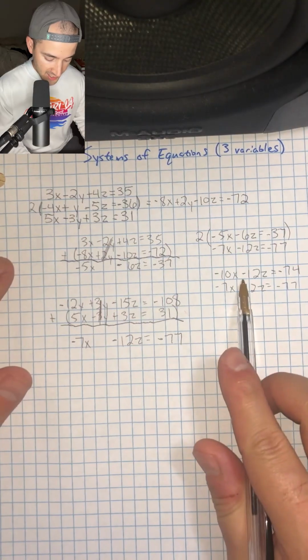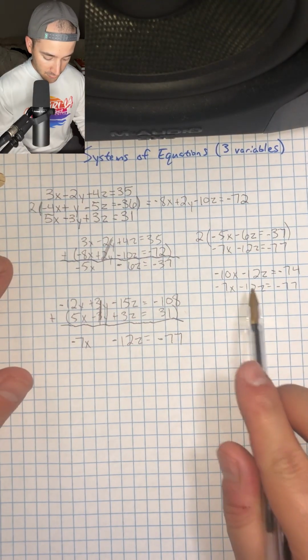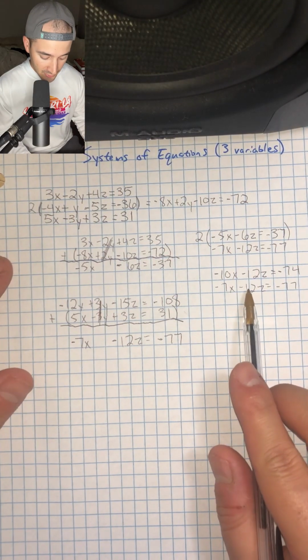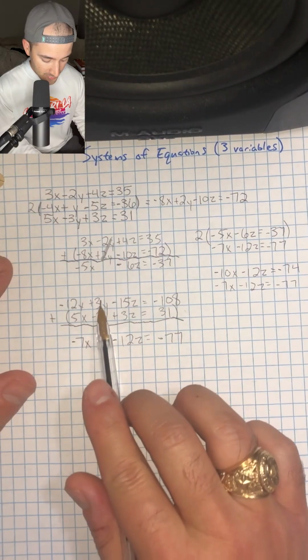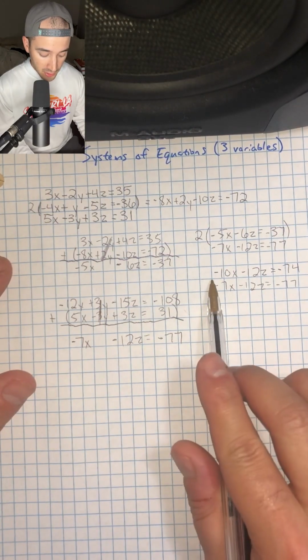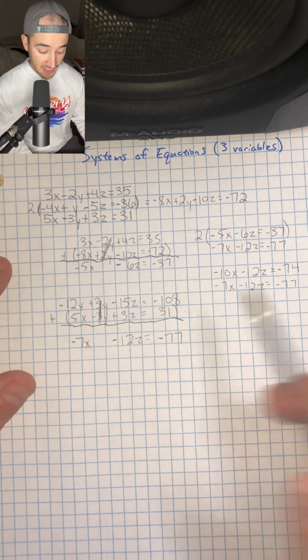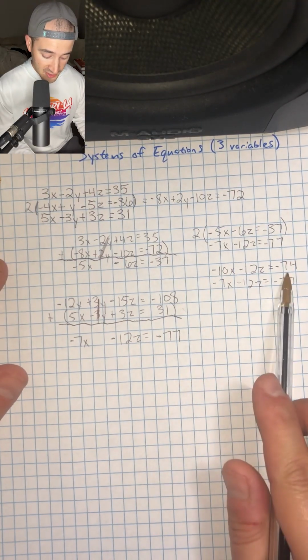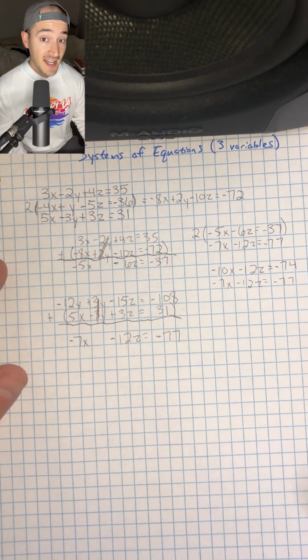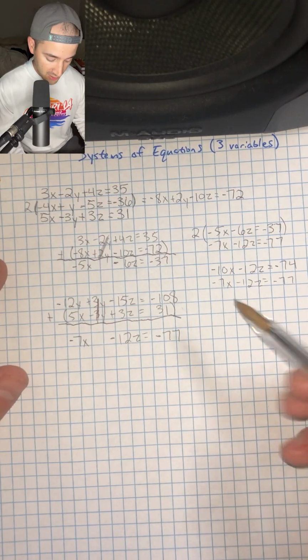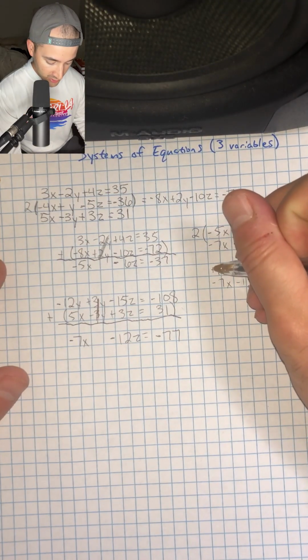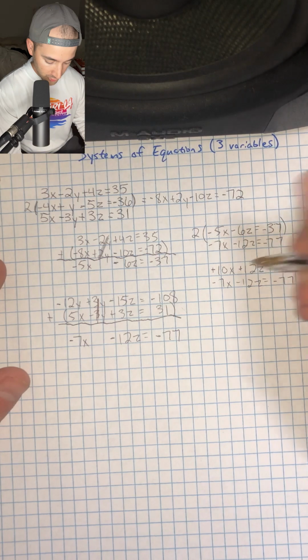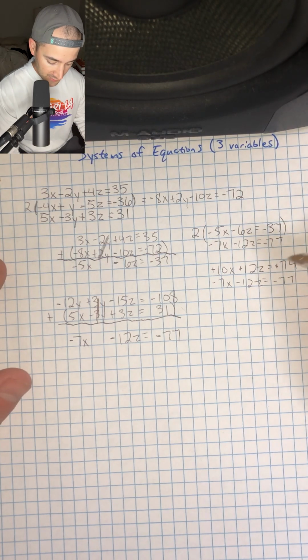So notice that my negative 12z and negative 12z are exactly the same, so we don't have opposite signs this time, okay? Now, you could multiply one of these equations by negative 1 if you wanted to. I'm just going to go ahead and multiply the top equation by negative 1, which means that the sign is going to change on everything, okay? So let's just say this is a positive 10x plus 12z and positive 74.